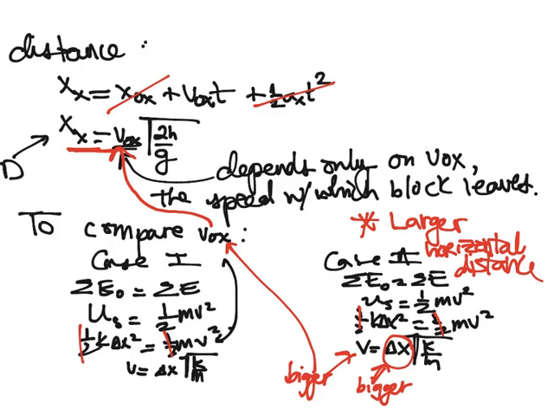So let's talk about assigning points to this. Okay, so it doesn't matter the order that you put these in, but they have to be in a paragraph together. So you get 1 point for saying that the time is equal in both cases.